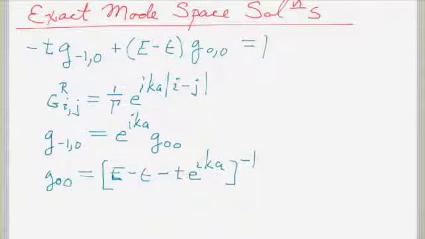And if we make use of our dispersion relationship, this is exactly what you did in your homework: E minus epsilon is equal to T e to the I Ka plus T e to the minus I Ka.